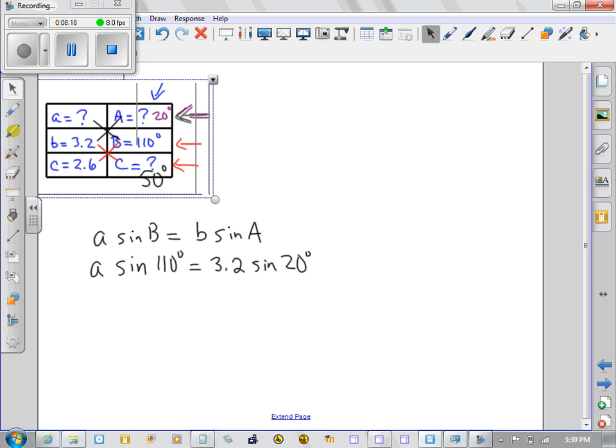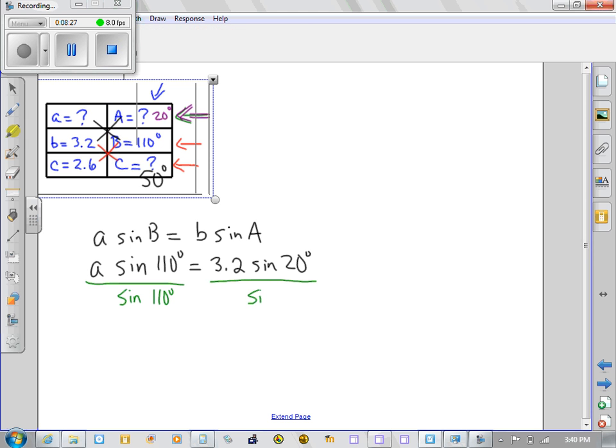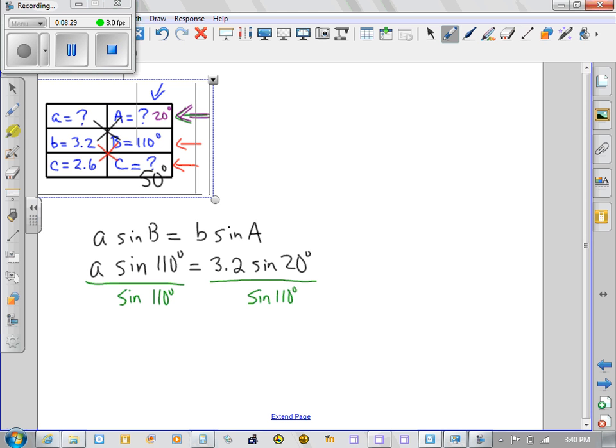Now solving for A, we're going to divide out sine 110 from both sides. These will cancel, and we're left with A is equal to 3.2 multiplied by sine 20 over sine 110.